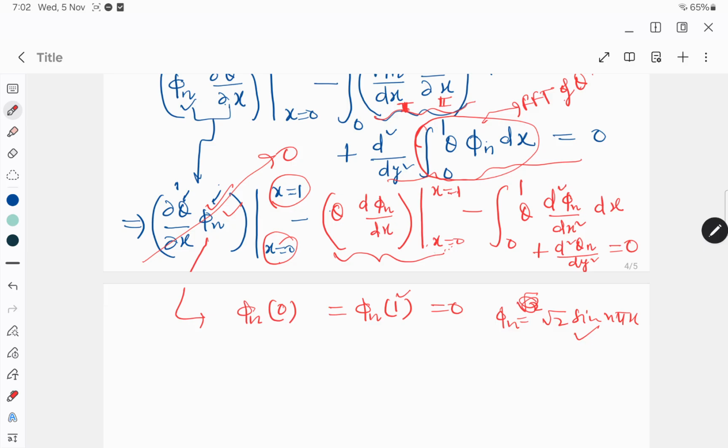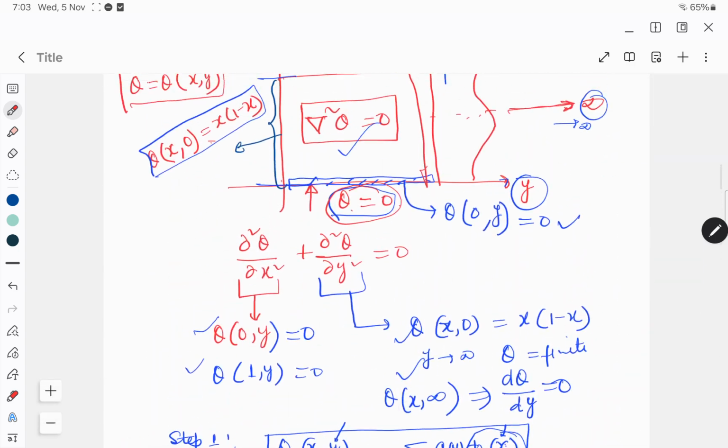This is also going to be 0, and let me tell you why. Because theta is equal to 0 at x is equal to 1.